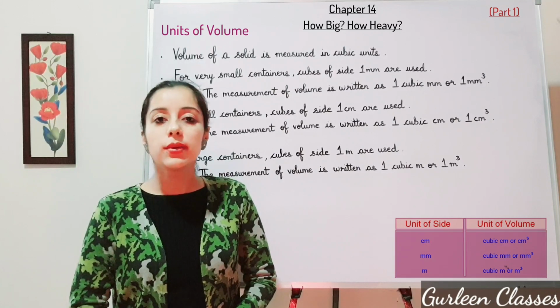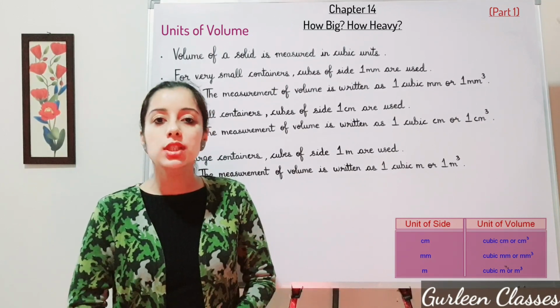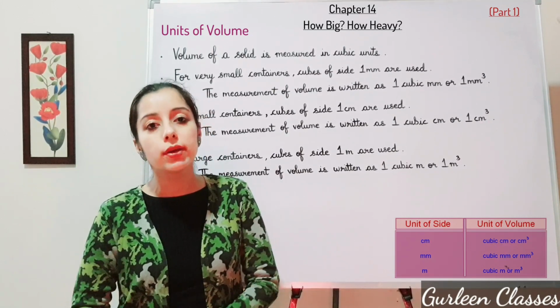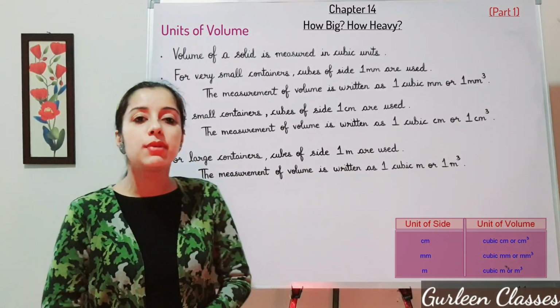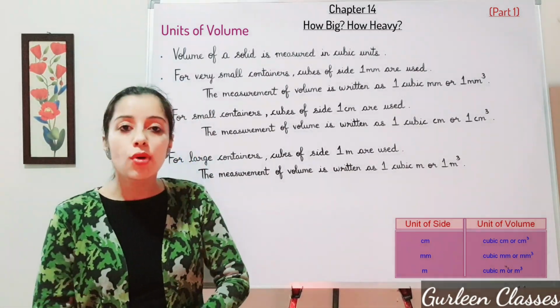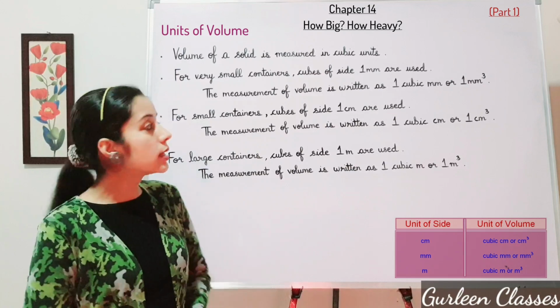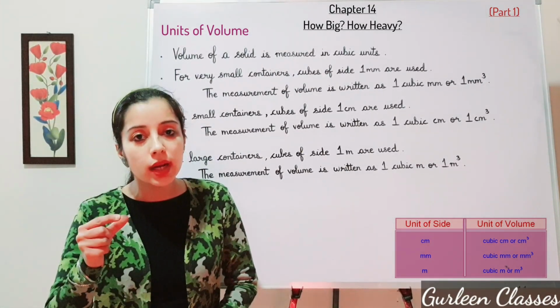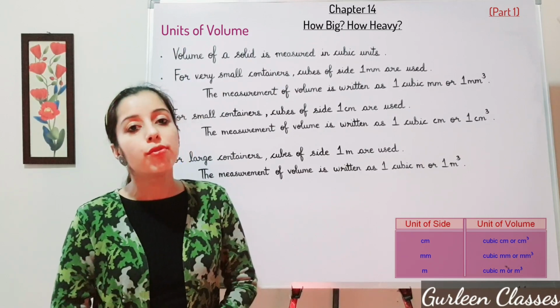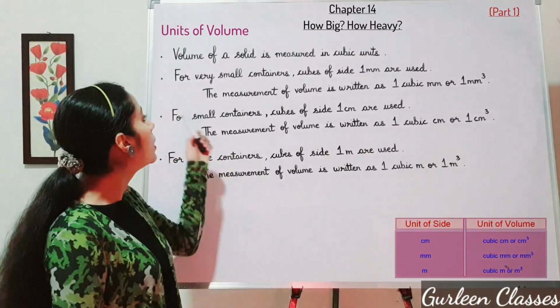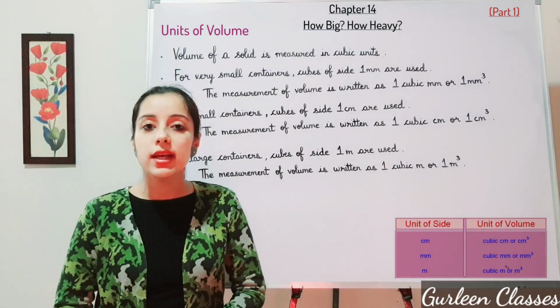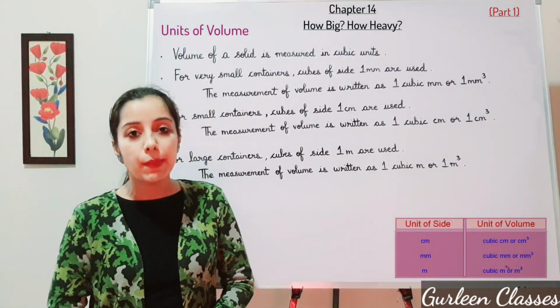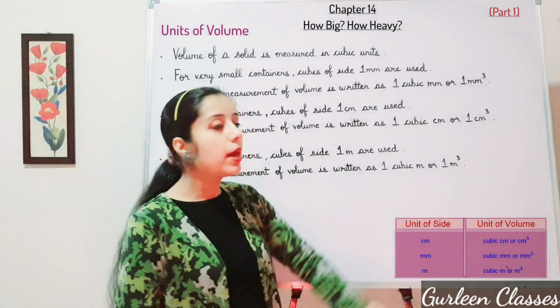So now what are the units of volume? Volume of a solid is measured in cubic units. For very small containers, cubes of size 1 mm are used. The measurement of volume is written as 1 cubic mm or 1 mm cube.